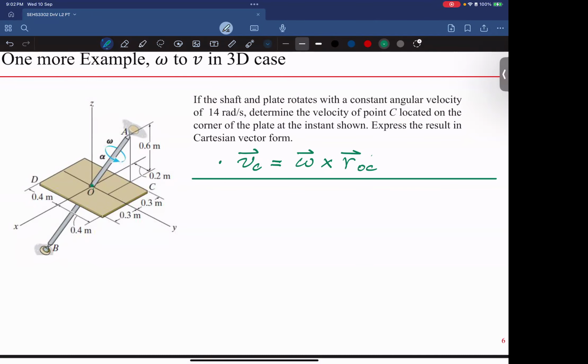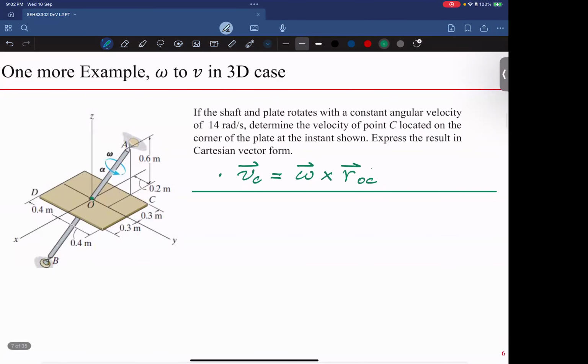And how to find omega, the vector? Oh, by the way, this is a question from a past paper, the first part of question 1. So here, we're going to find omega first.